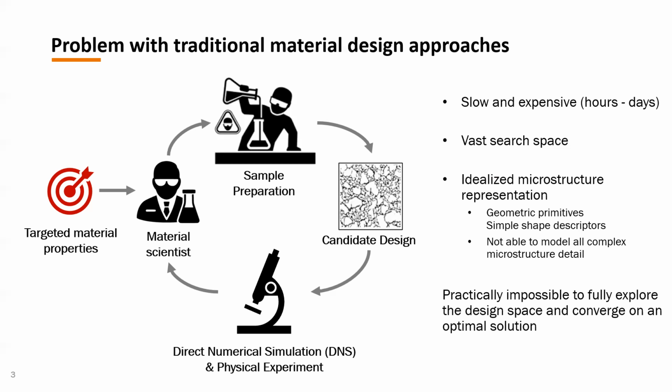Microstructure representation is limited to only idealized shapes using geometric primitives, such as polygons and ellipsoids, and simple shape descriptors, such as void or crystal sizes, aspect ratio, and orientations, that are not able to model all complex microstructure details, such as elongated voids. Thus, it's practically impossible to fully explore the design space and converge on an optimal solution.